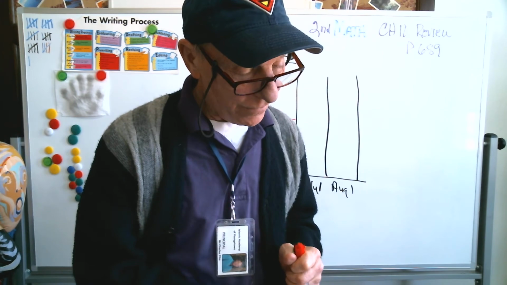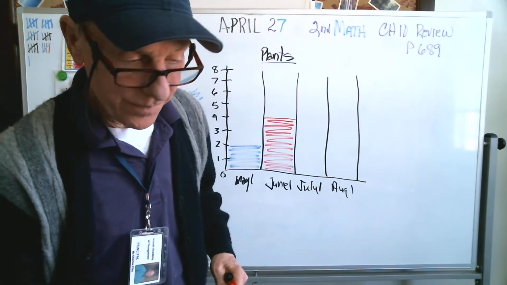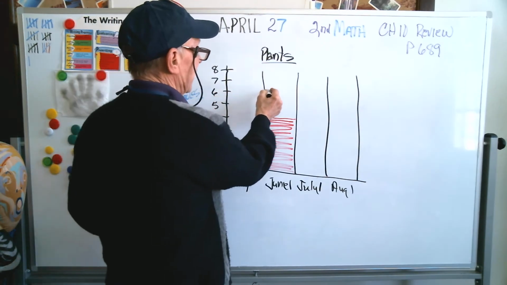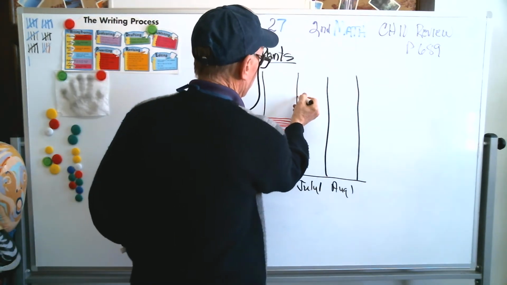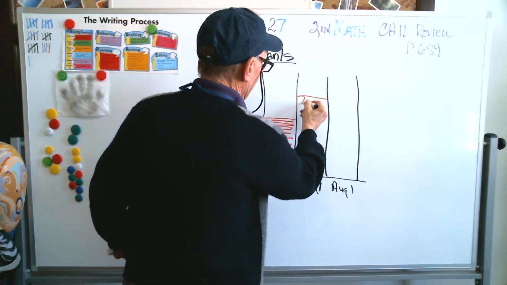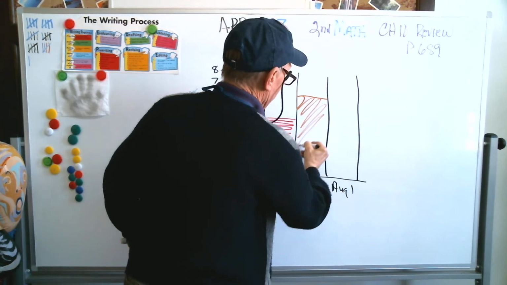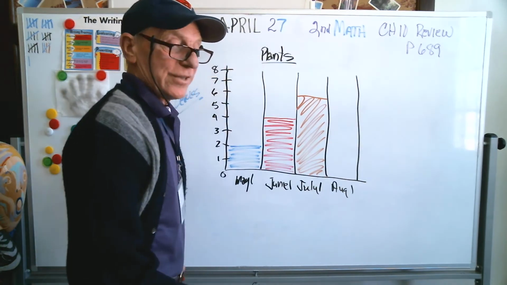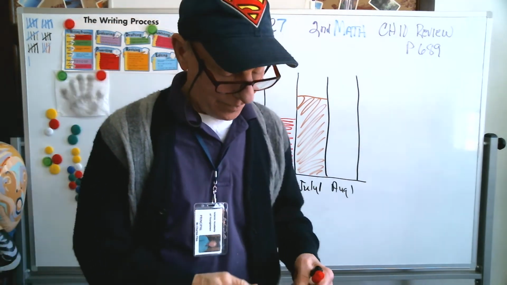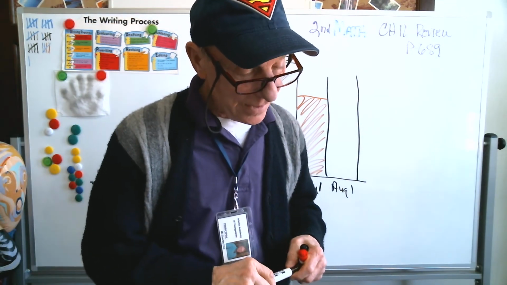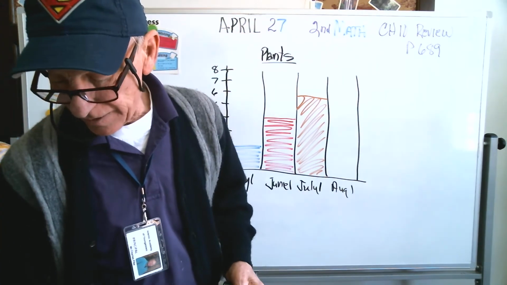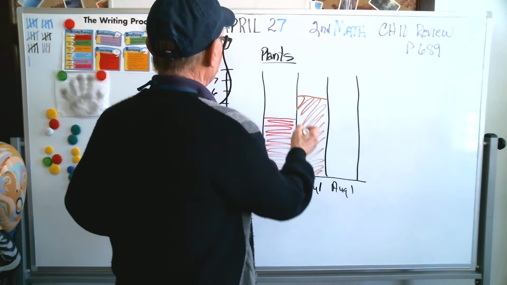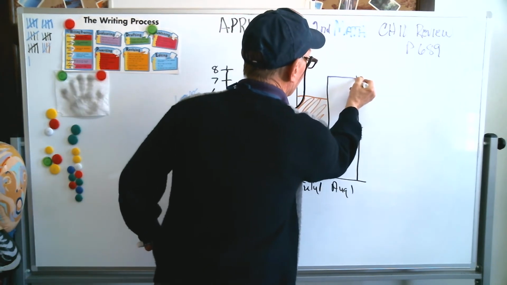Now, July 1st, we've got 6 leaves. So we come over, here's our 6 leaves, come straight across at 6, and there's our bar for the 6 leaves. And finally, 8 leaves in August. So with 8 leaves in August, we're going to go all the way to the top of our chart here.